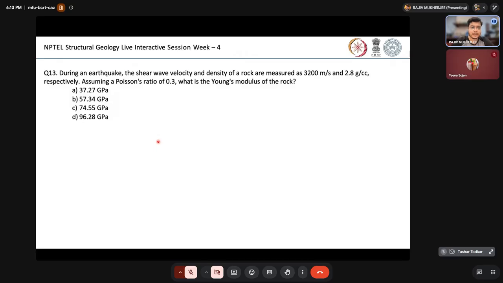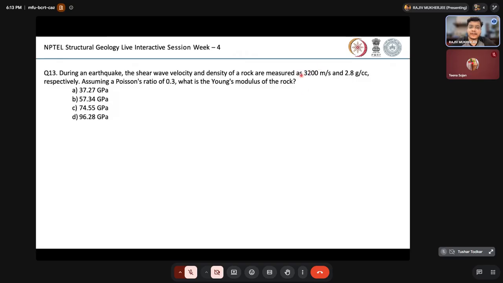Assuming a Poisson's ratio of 0.3, what's the Young's modulus of the rock? Option A, 37.27. Option B, 57.34. Option C, 74.55. Option D, 96.28.